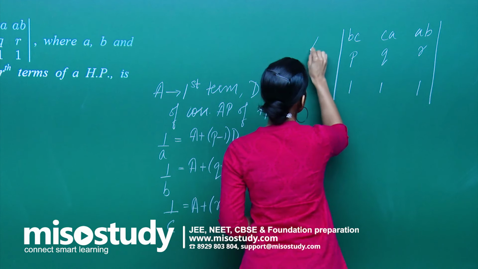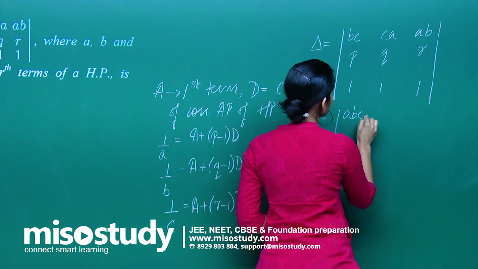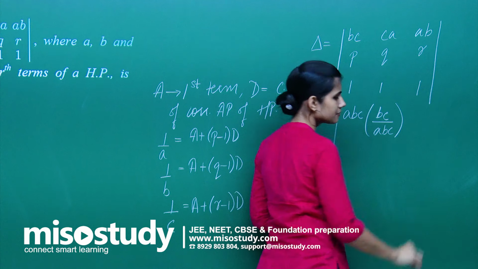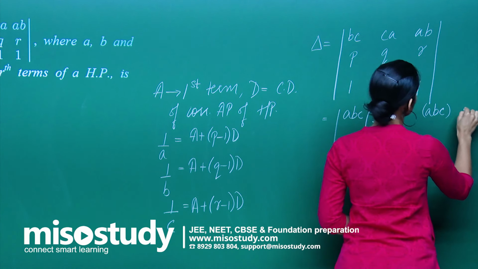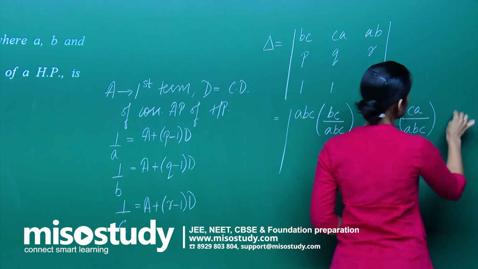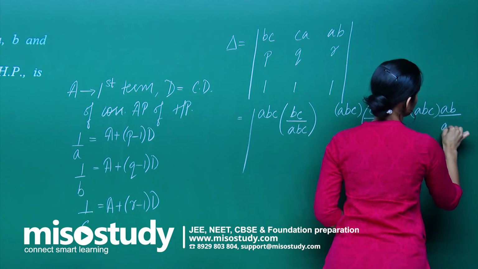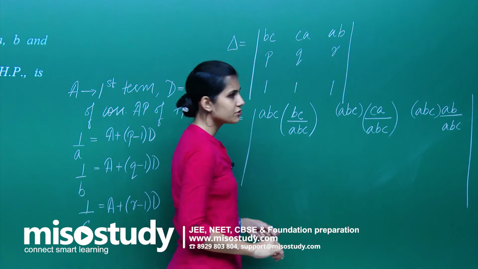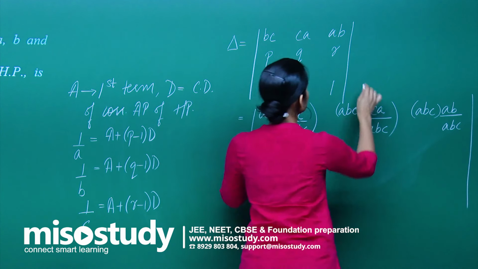What I can do is multiply and divide each column by abc, rest same. Or I can say what you can do is row 2 goes to row 2 minus row 3.